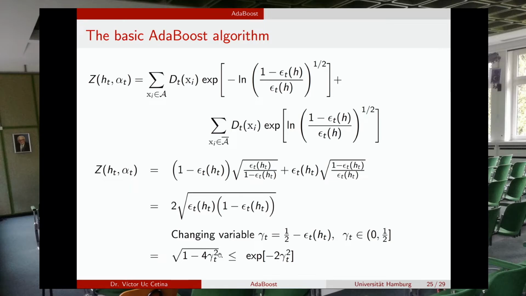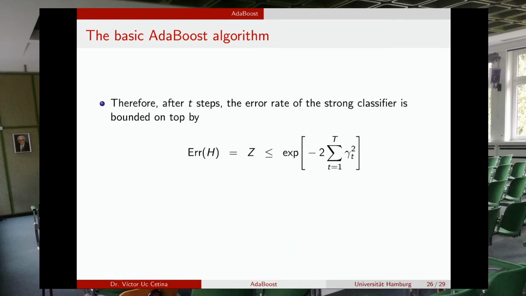Now, why is that important? Because you should remember that this is an expression of the error of the weak classifier T. If you apply this to many weak classifiers, we can see then that the error of this big H, which is the strong classifier, the combination of all the weak classifiers, is Z, and this is going to be upper bounded by the exponential of minus 2 times gamma squared, summed over all the gammas, because we are going to train T weak classifiers.